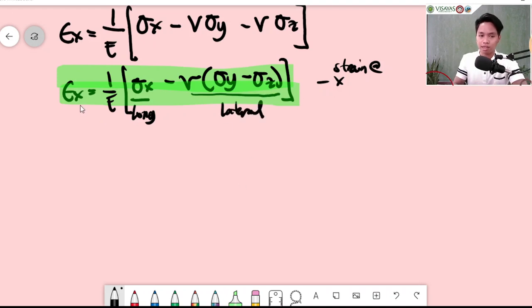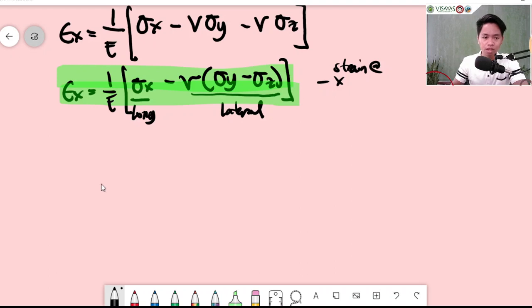So if you are solving for x, x is your longitudinal, and your y and z would be your lateral. That is why I prefer the word axial over longitudinal, because longitudinal confuses me.